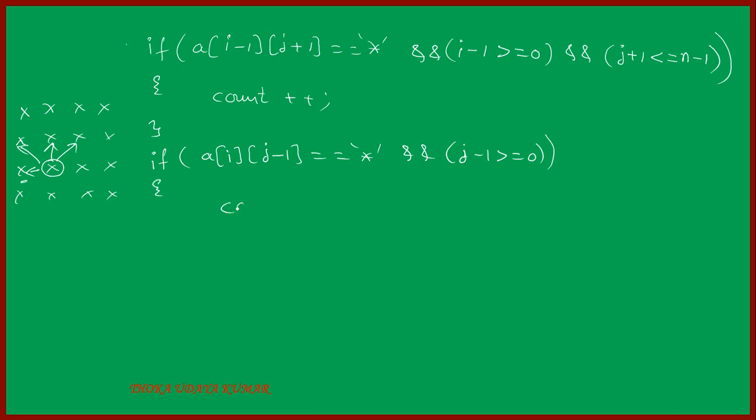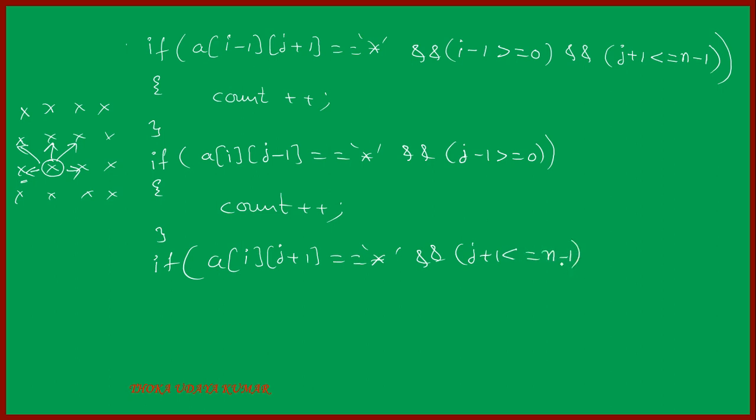Then again increment the count. So 4 over. Now the fifth one, j needs to be incremented, i remains constant. So if A of i j plus 1 is equal to star, and j plus 1 should be less than or equal to n minus 1, should not be the last column. That is what we are telling. So increment count.